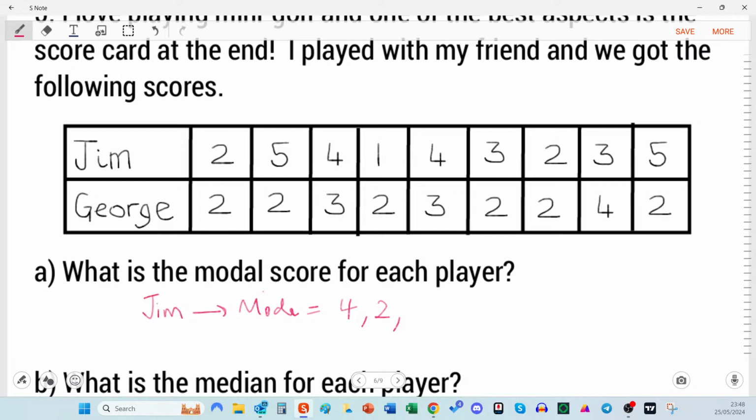We've got 3 appears twice. Let's write this in order. 2, 3, 4. And we got 5 also appears twice. So 1, 2, 3, 4, 5 is appearing more common than the rest.